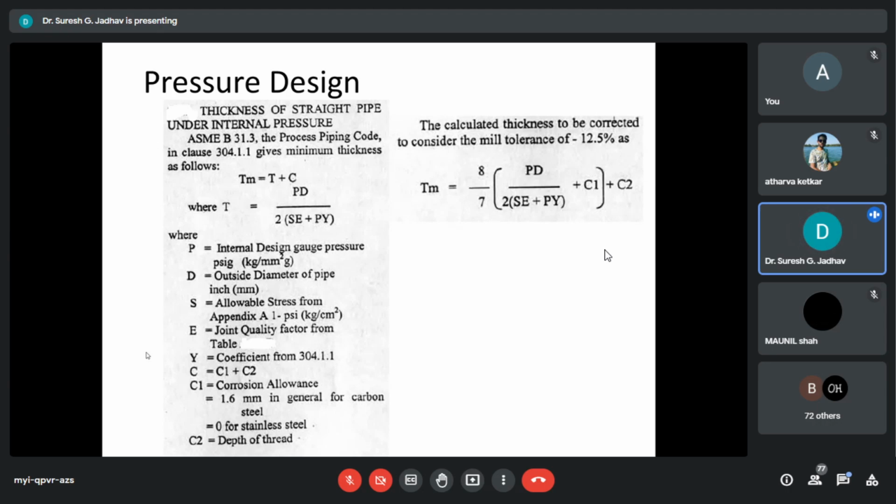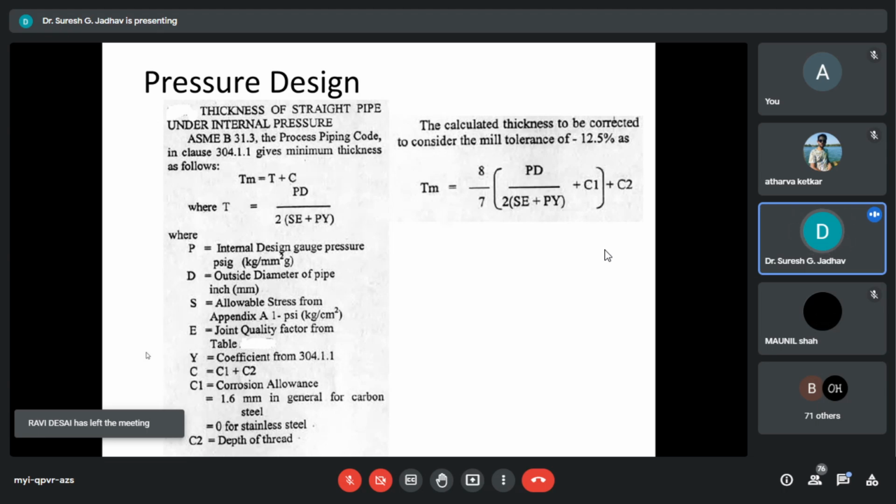So here we consider this standard ASME B31.3 to determine the minimum thickness of the pipe. So tm stands for the minimum thickness, equals t plus c. Here t is P times D over 2 times (SE plus PY).